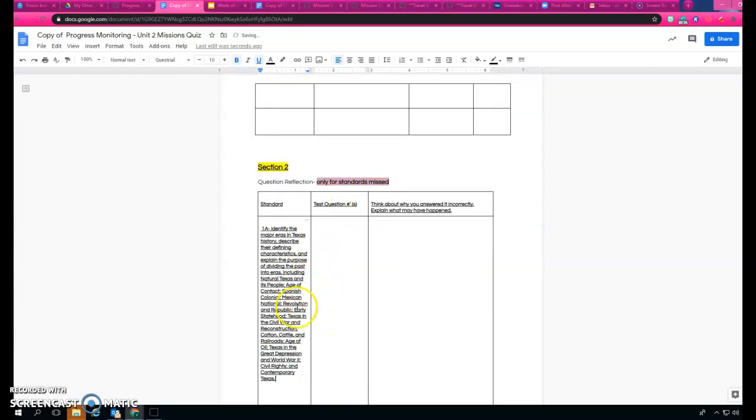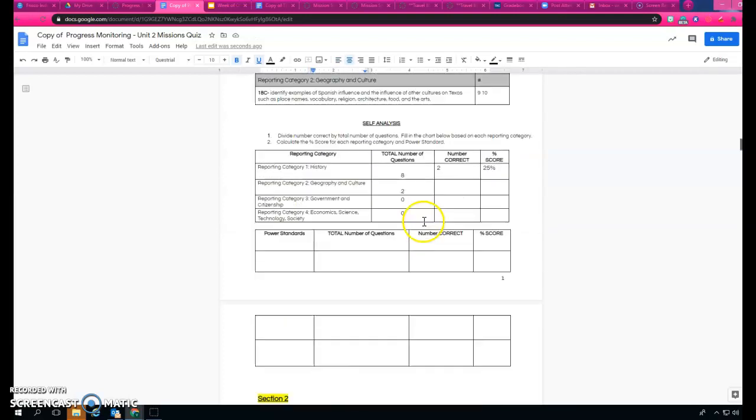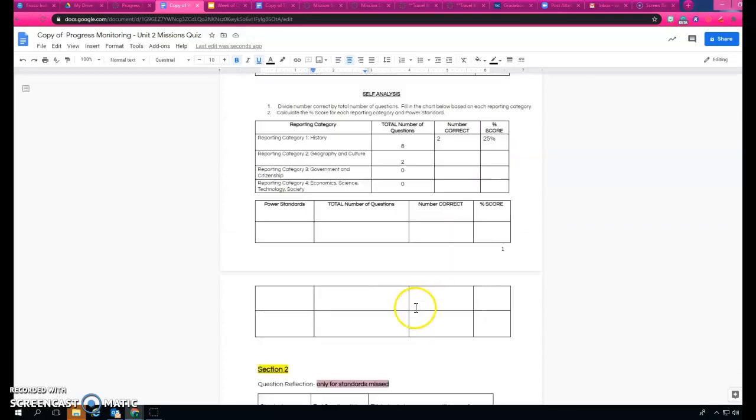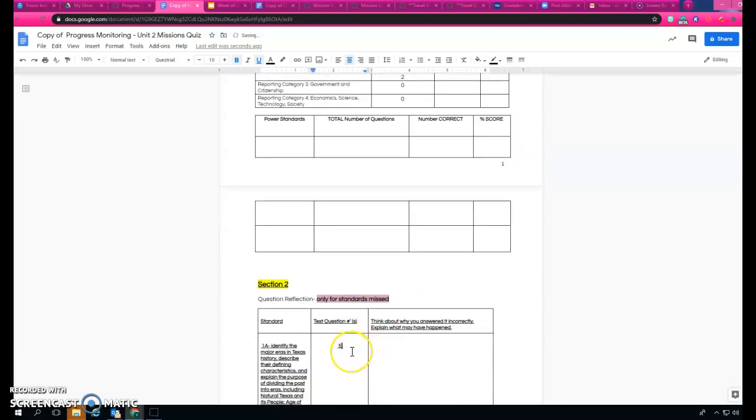Then it would fill this chart. What are the test question numbers that went along with this? For this one it is number 5, so I would write number 5. Then the question says, think about why you answered it incorrectly and explain what might have happened.